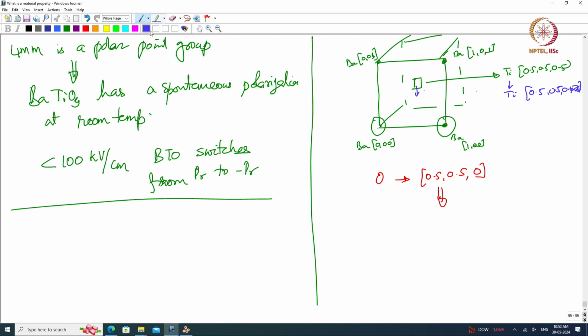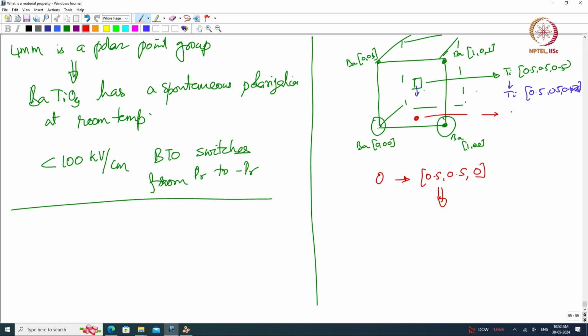What about oxygens? So I have one oxygen here, it is supposed to be exactly on this plane. So the position of this oxygen, if I make it red, is supposed to be the symmetric position of this oxygen before distortion.